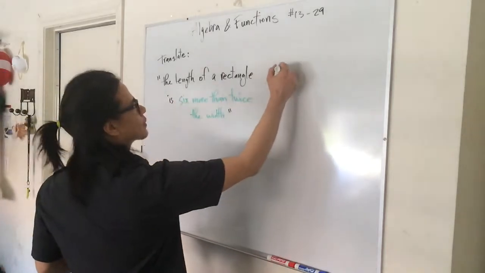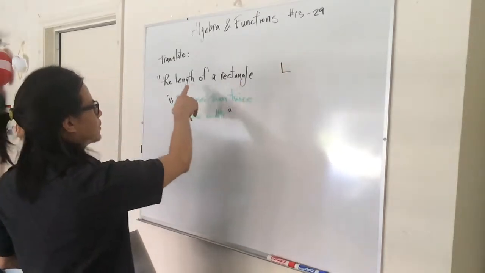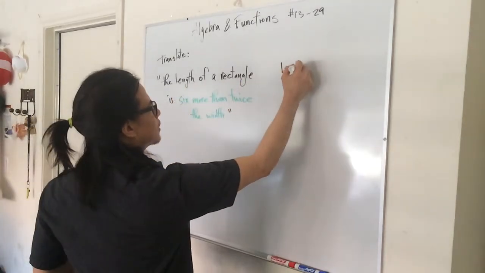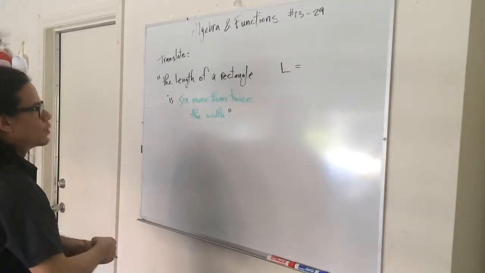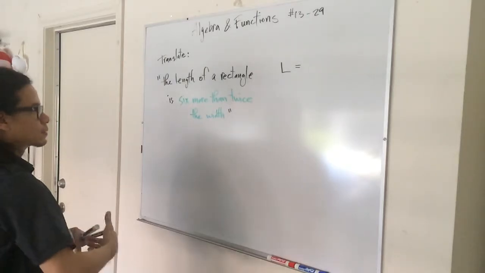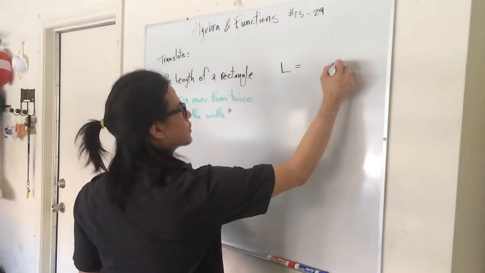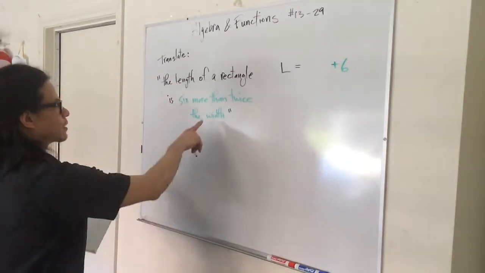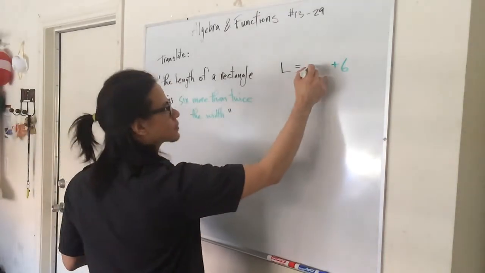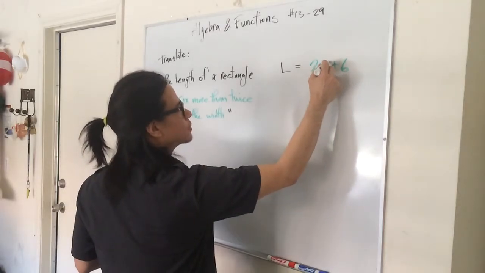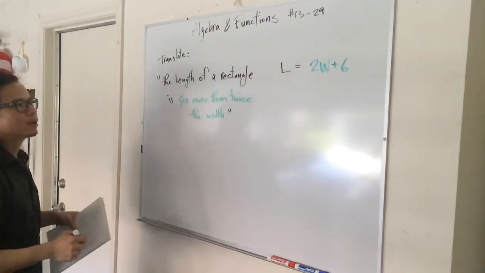The length is 6 more than, so that's going to be something plus 6, right? Twice the width, 2 times W. Okay.